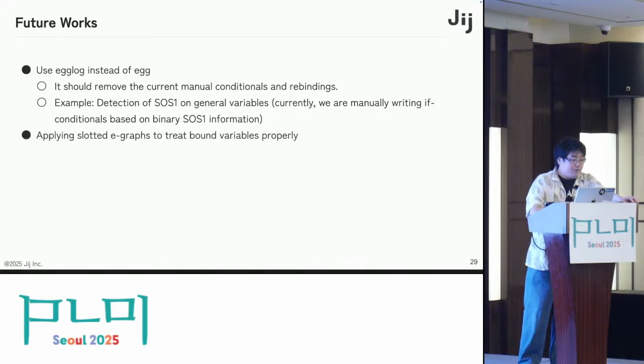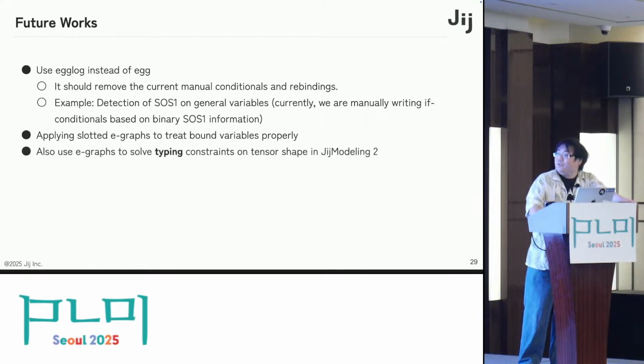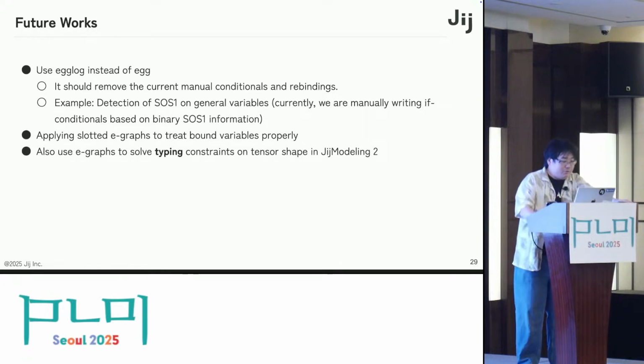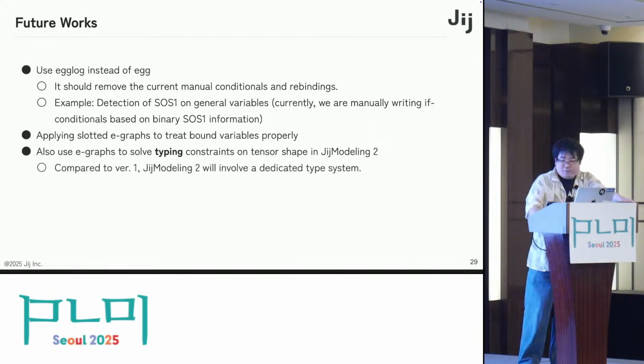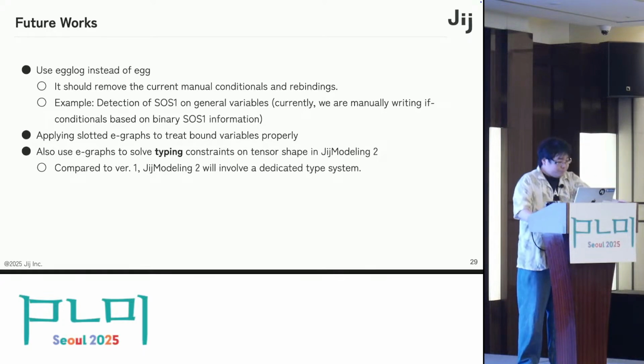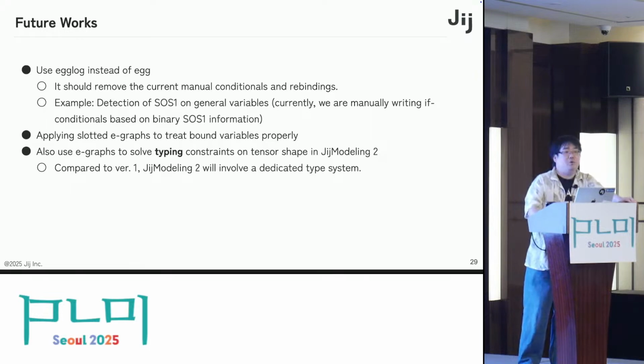And apply slotted e-graphs to treat bound variables properly. So I will attend the talk tomorrow. And also use e-graphs to solve typing constraints on tensor shapes in our version 2 of JijModeling. We have a dedicated type system in the upcoming version 2, so we can use e-graphs also in typing, we think.